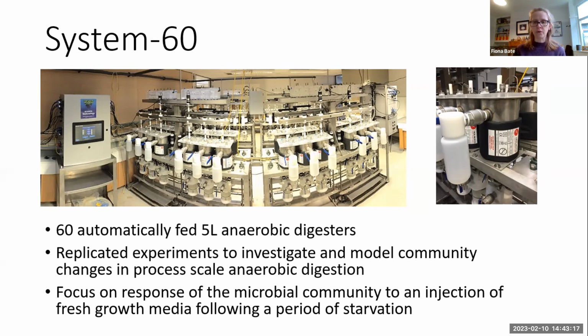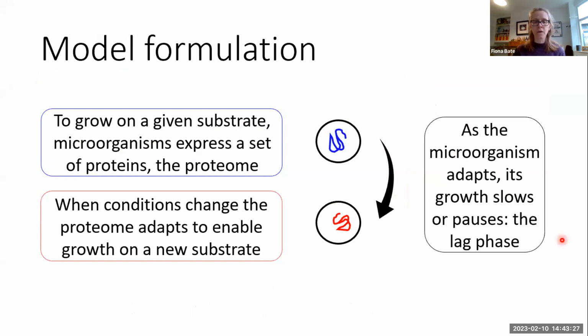Okay, so now I'm going to talk through the model that I have formulated to go along with the experimental work that we've been carrying out. So we'll go back to basics. When a microorganism is subject to a change in conditions, it's got to adapt.